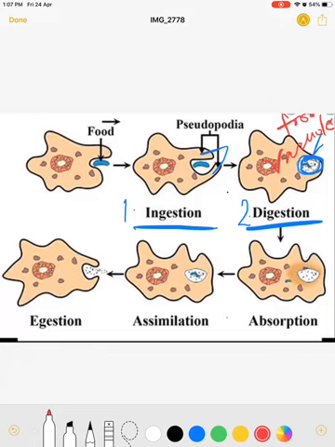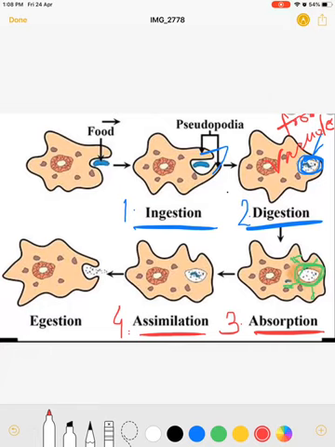The third step is absorption. The food which is digested in this food vacuole is absorbed by the cytoplasm, so it is absorbed inside the body of the amoeba. After that, the absorbed material is used by the cell to do its work, to get energy to do work. That is known as assimilation.